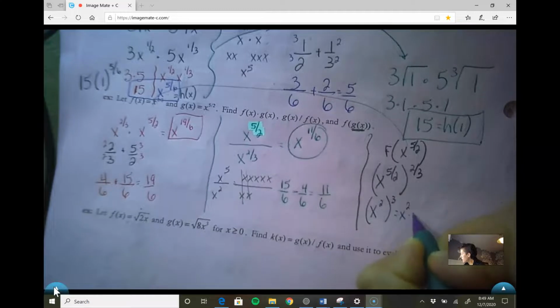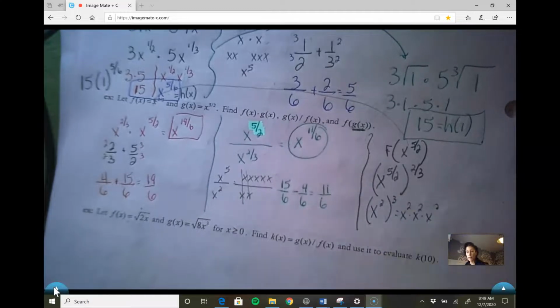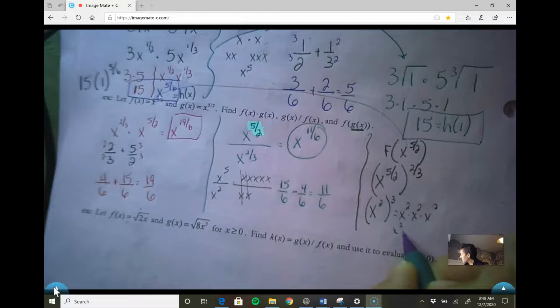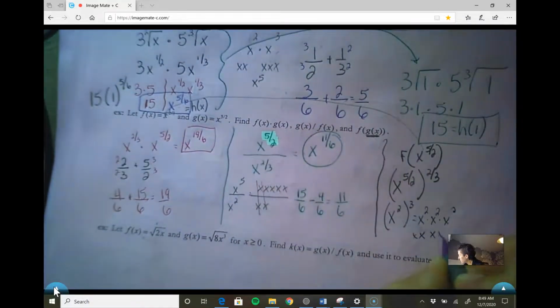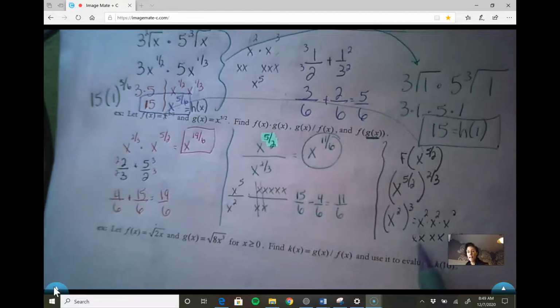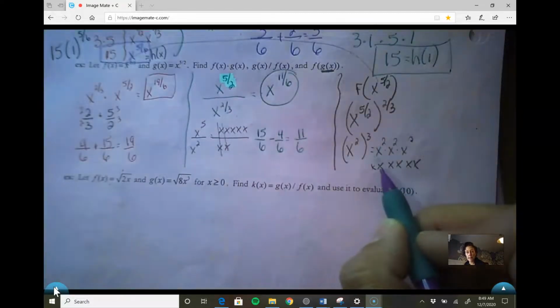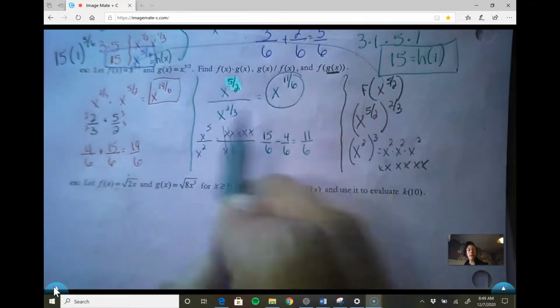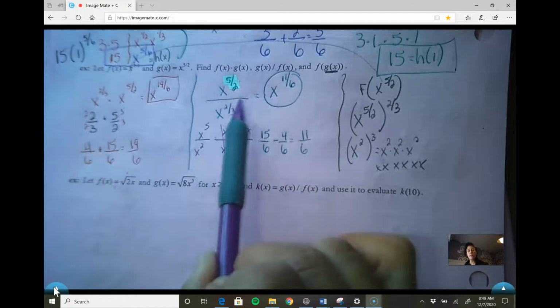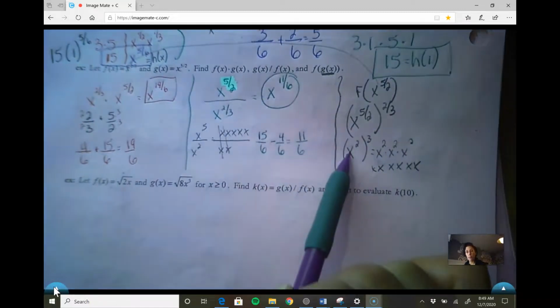So 1, 2, and 3. And those mean two x's for each set. And when I'm done and I add them all up, I realize, hey, I have 6 x's, which I can get, x to the 6, if I just multiply. So sometimes you add the exponents, sometimes you subtract them, and sometimes you multiply them.